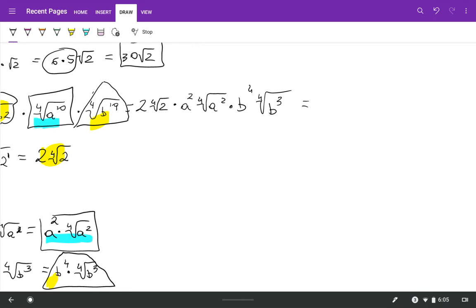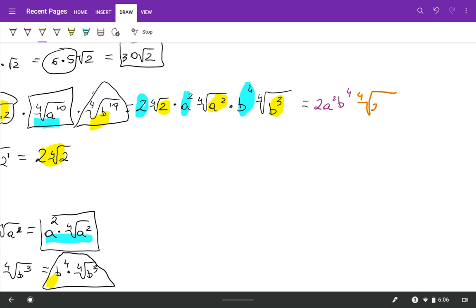And now we're going to put everything together. So first what we're going to do, we're going to multiply the numbers which we have in front of the radicals. So that will give us 2a squared b to the power of 4. And since all the radicals have index 4, we're going to just copy one radical of index 4 and put all the expressions, 2, a squared and b to the third power, under the radical.